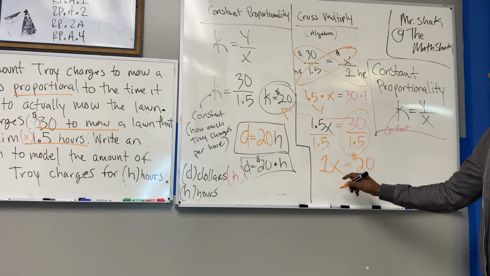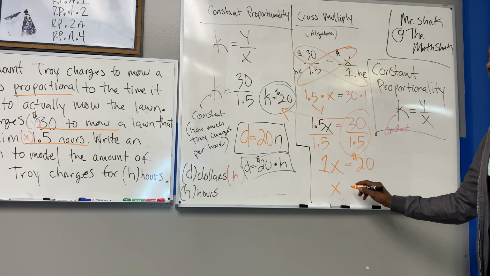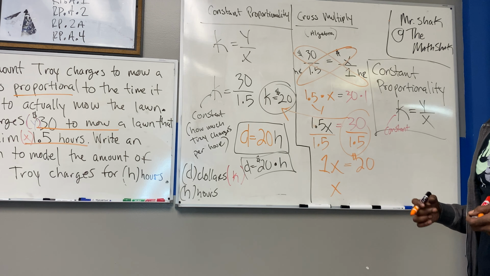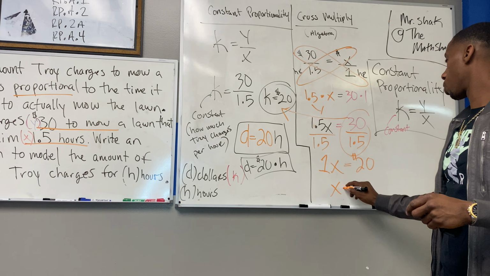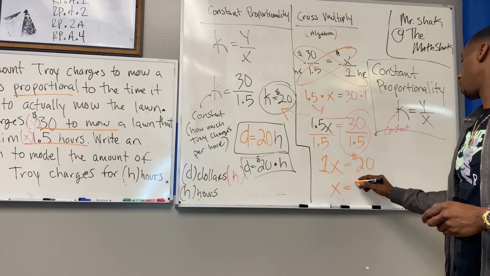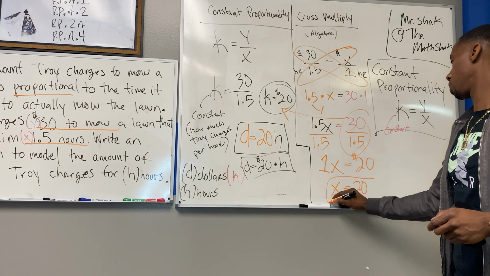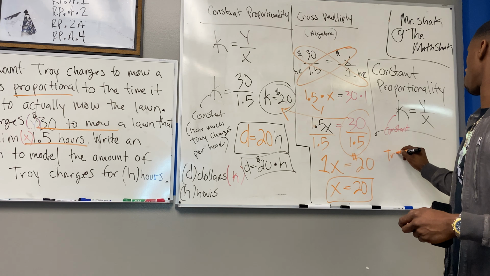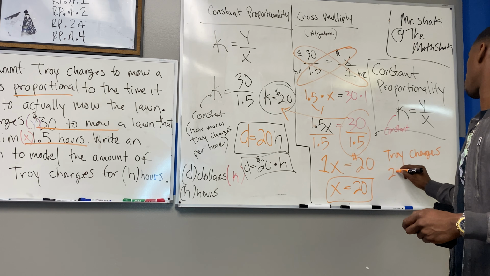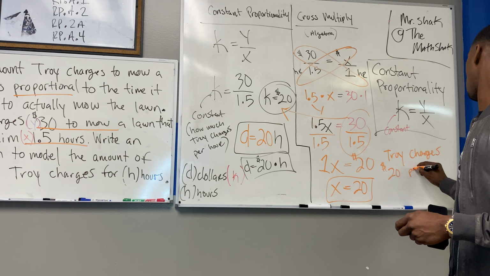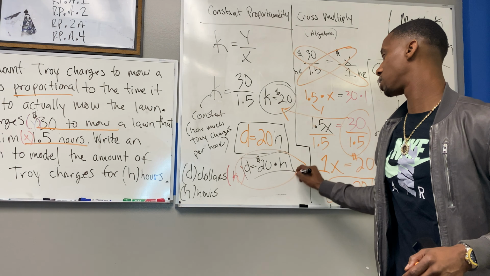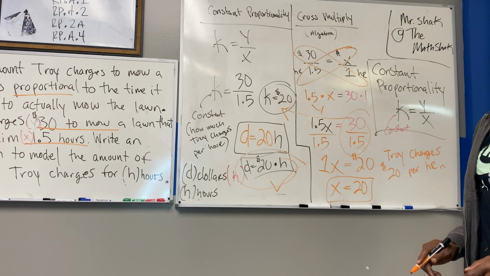And if it's 1x, we won't write it as 1x because we're big boys and girls and we're really doing algebra. We're not playing with this thing. So I don't have to write 1 because it's implied and we know that already. So x will be equal to 20. Troy charges $20 per hour. And they wanted the answer form as an equation, so this is actually your final answer.